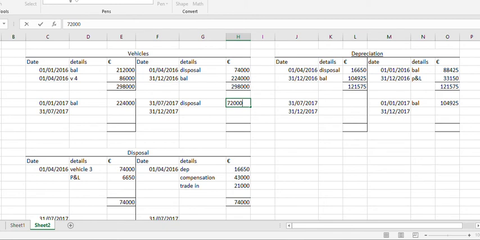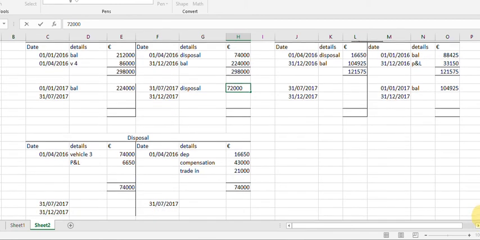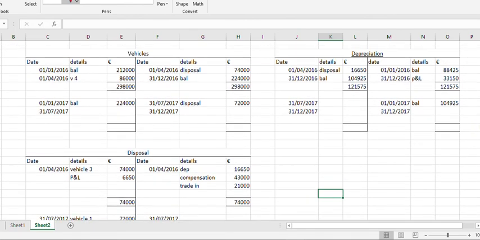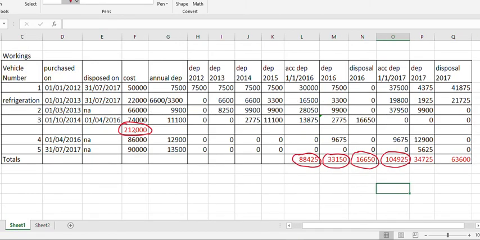If we credit vehicles, we must debit the disposal account. So down to 2017, we'll call it vehicle 1 and 72,000. When you dispose of anything, you must also dispose of its depreciation, so let's do that. We'll call it disposal. We'll look at our workings. The depreciation on the disposal of vehicle 1 and the refrigeration unit was 63,600.